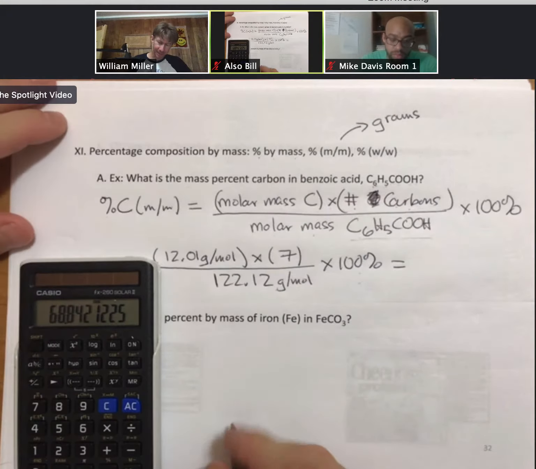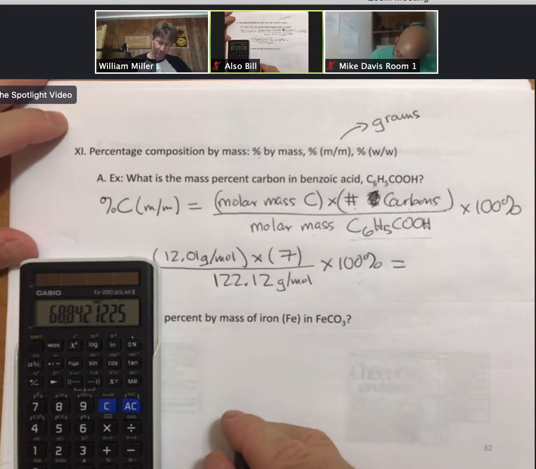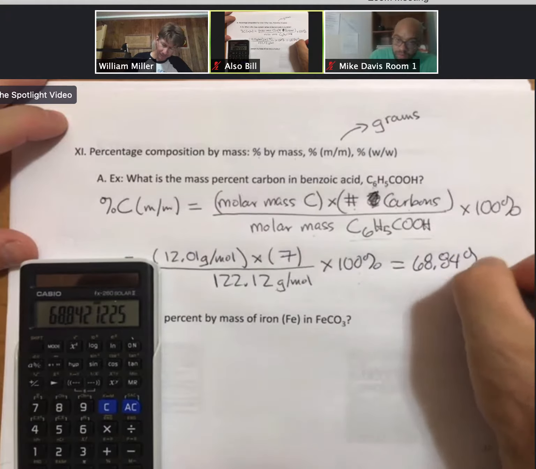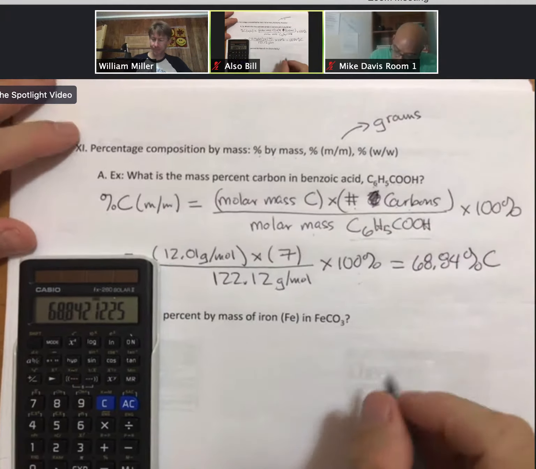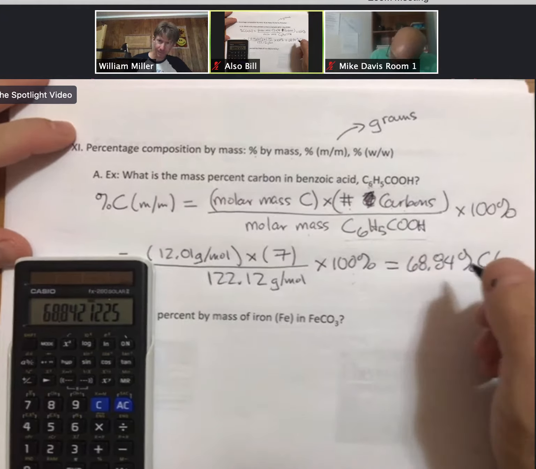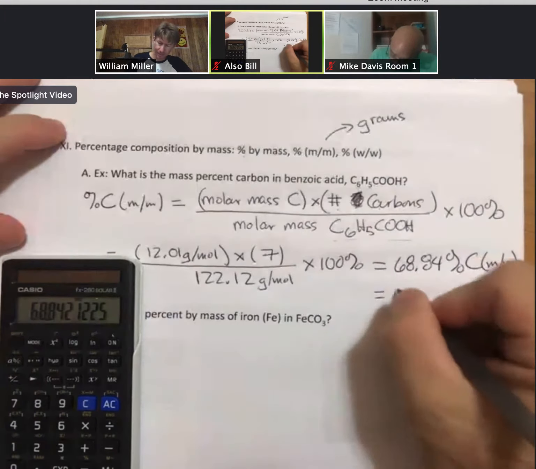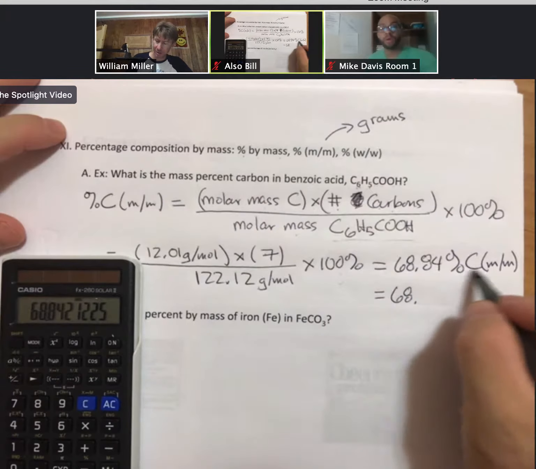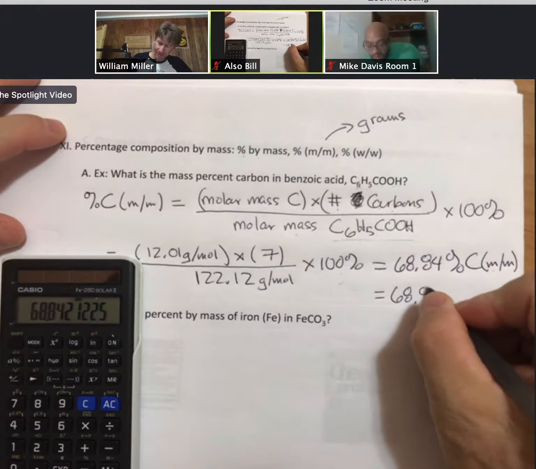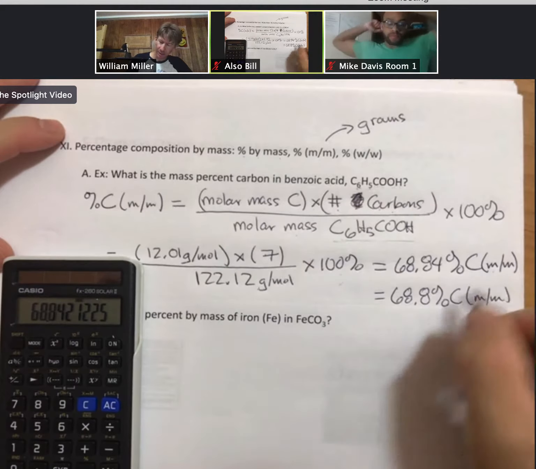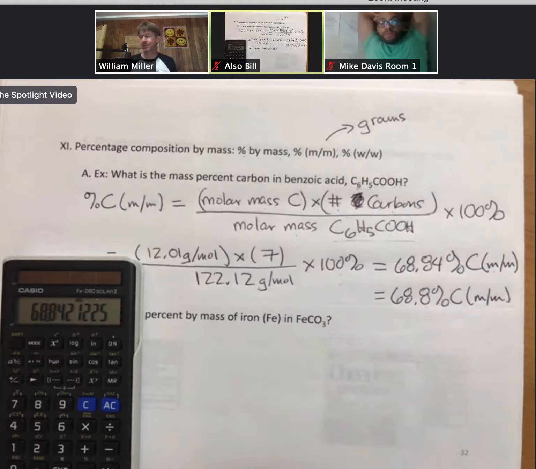And I get 68.84 percent carbon mass by mass. And that is to the correct number of sig figs, and I will always accept 3 sig figs. So either of these answers is fine.